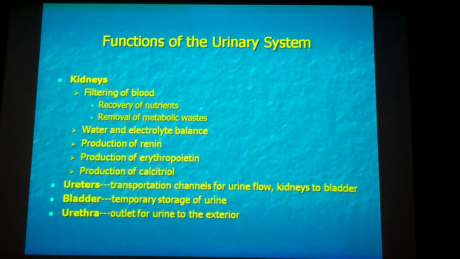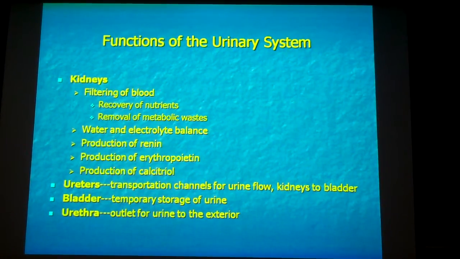Now, what's left in the filtrate that passes through the tubular system of the kidneys is urine. And that's going to pass down these tubes, the ureters, into the bladder, this temporary storage organ, and out of the bladder it's going to pass through the urethra to the outside.